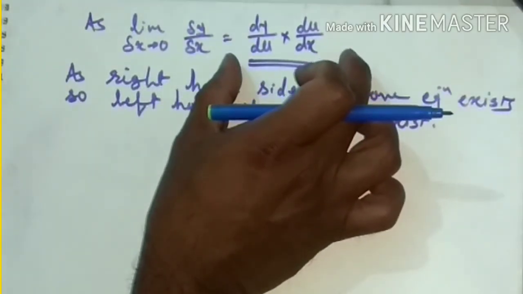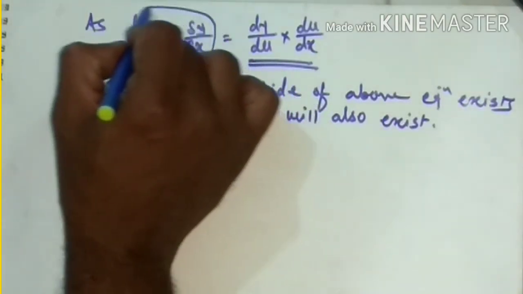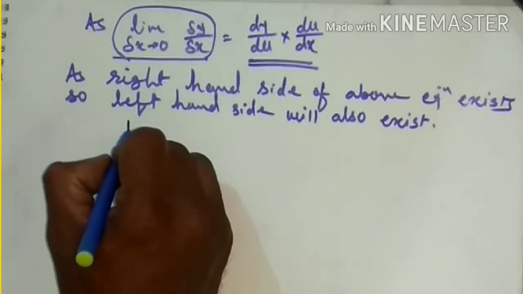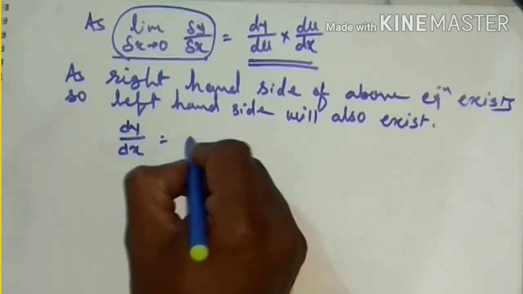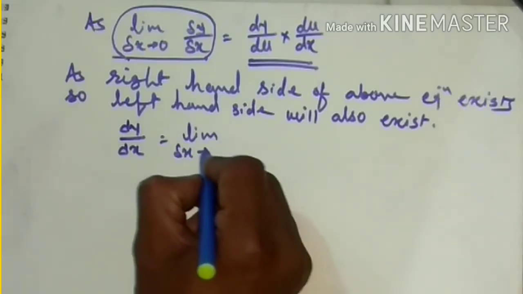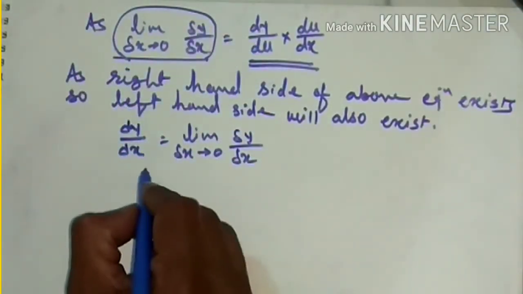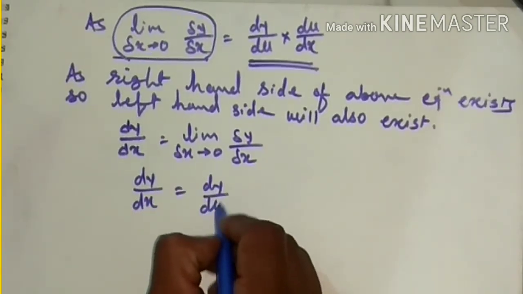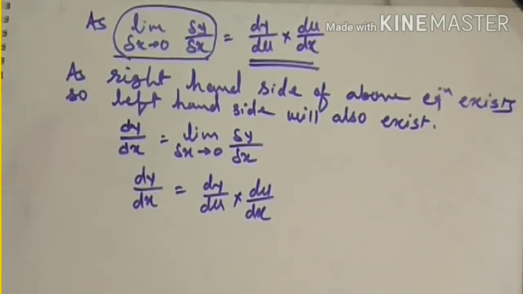This right hand side exists, it means this also exists. This exists means this limit exists. This limit exists means dy by dx is equal to limit delta x tends to 0 delta y by delta x. So here I will replace dy by dx is equal to dy by du into du by dx. So that only we wanted to prove, isn't it?